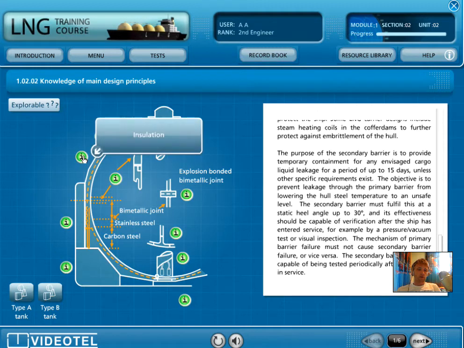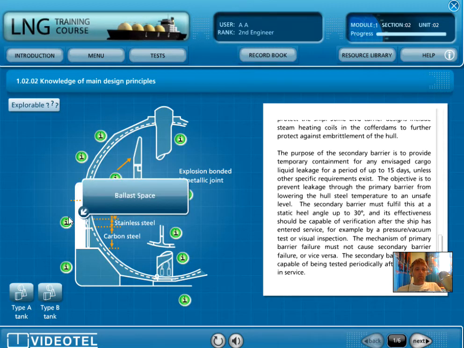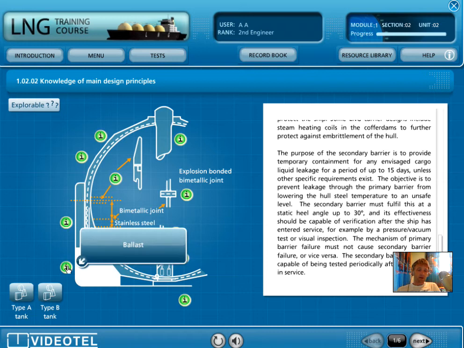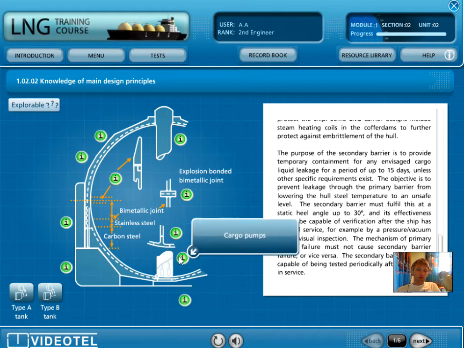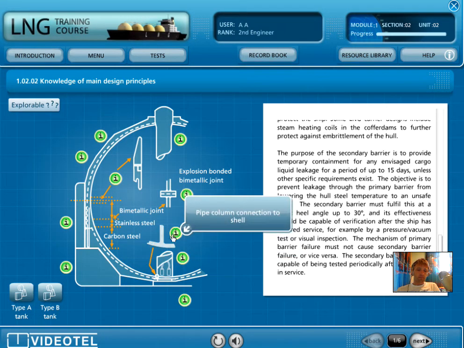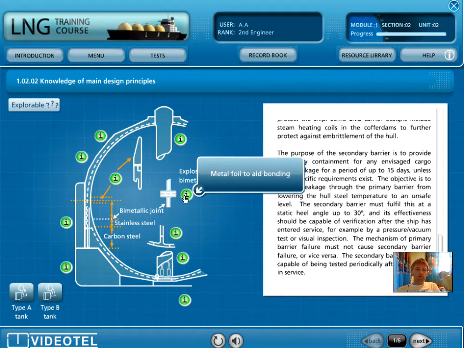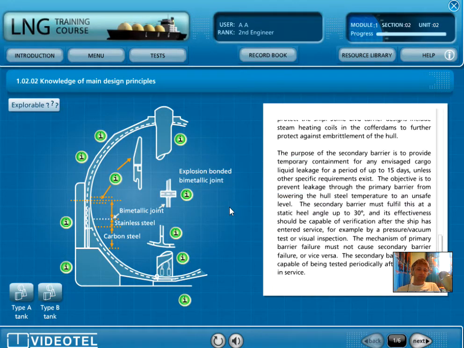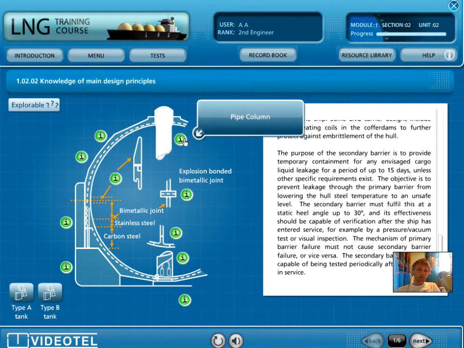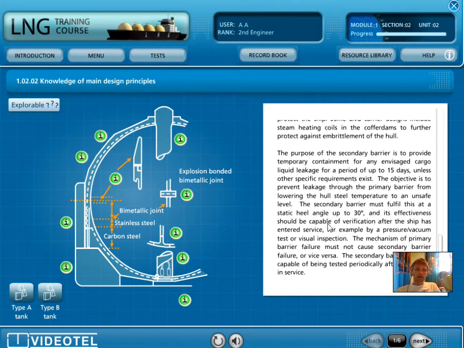We have shown our insulation, ballast space, ballast also here, cargo pumps, pipe column connection to shell, metal foil to aid bonding, and pipe column again.